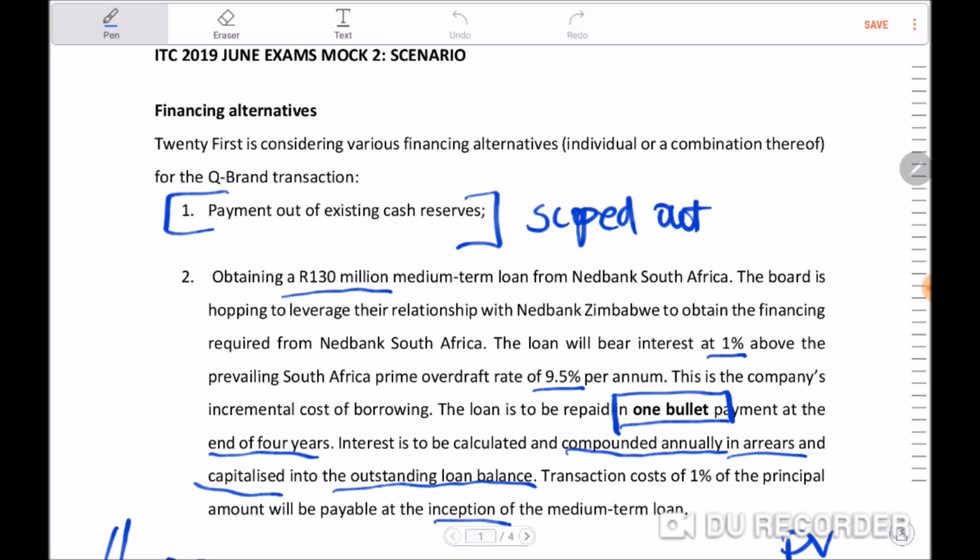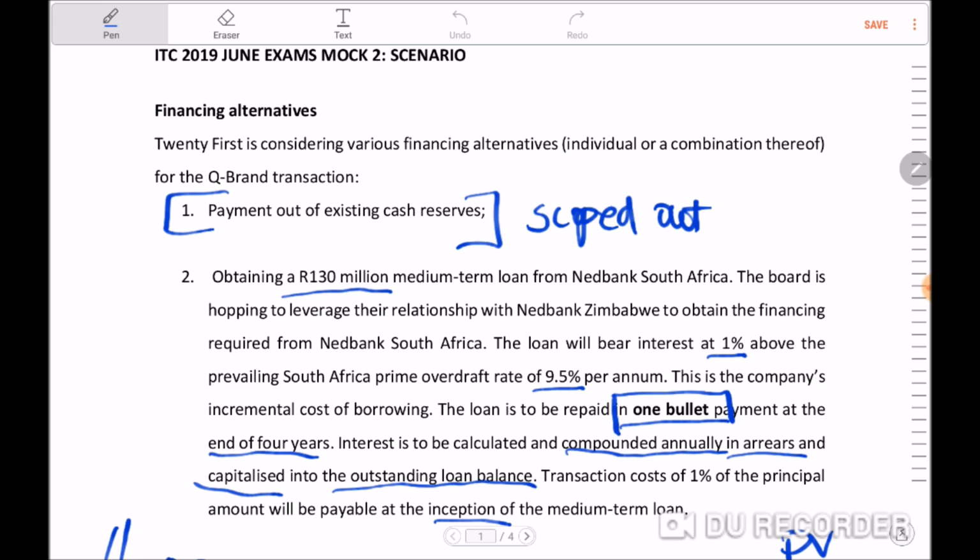And we're also told that the loan will be repaid in one bullet payment. So in terms of this loan, by the time we reach the 4 years, are we financially able to pay back this loan? And you could also consider the likely impact of the transaction cost of the 1% on the 130 rand.